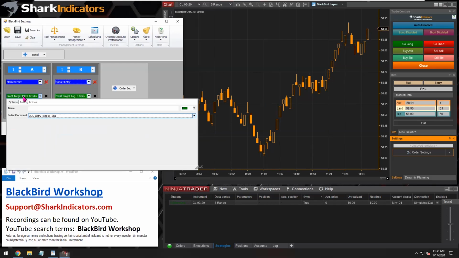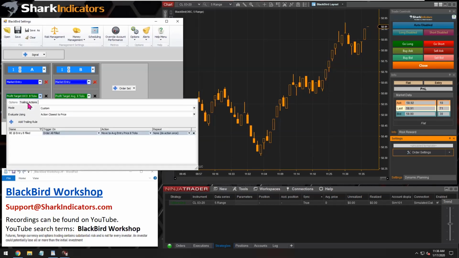And then for the other profit target, for the trailing rule, I'm doing the same thing: using the average entry price and then adding 8 ticks. So in theory, both of those profit targets should calculate to the same new price. We'll give that a test and see how that plays out.